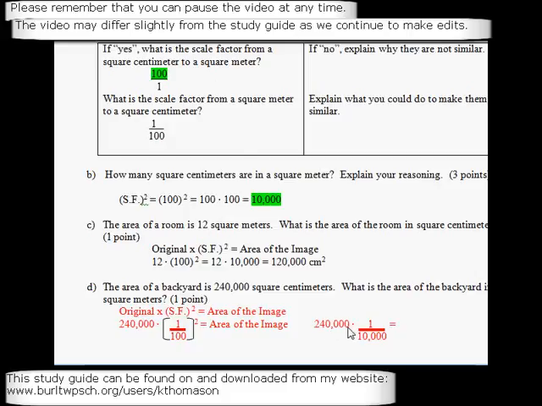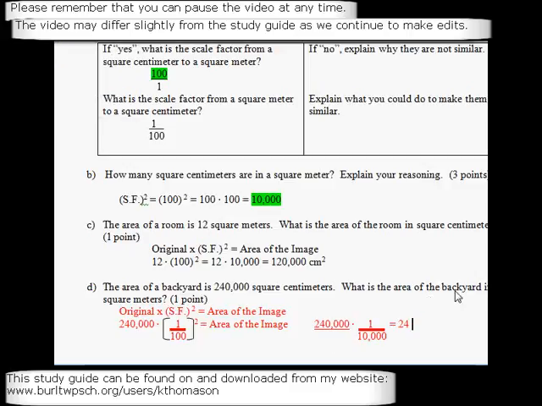Alright, 240,000 times 1 over 10,000. Again, you type it in a calculator. This is the same thing as 240,000 over 1, but you shouldn't need to write that. So 240,000 times 1, and then 1 times 10,000 will be over 10,000. So 240,000 is basically divided by 10,000, and that comes out to 24. 24 what?